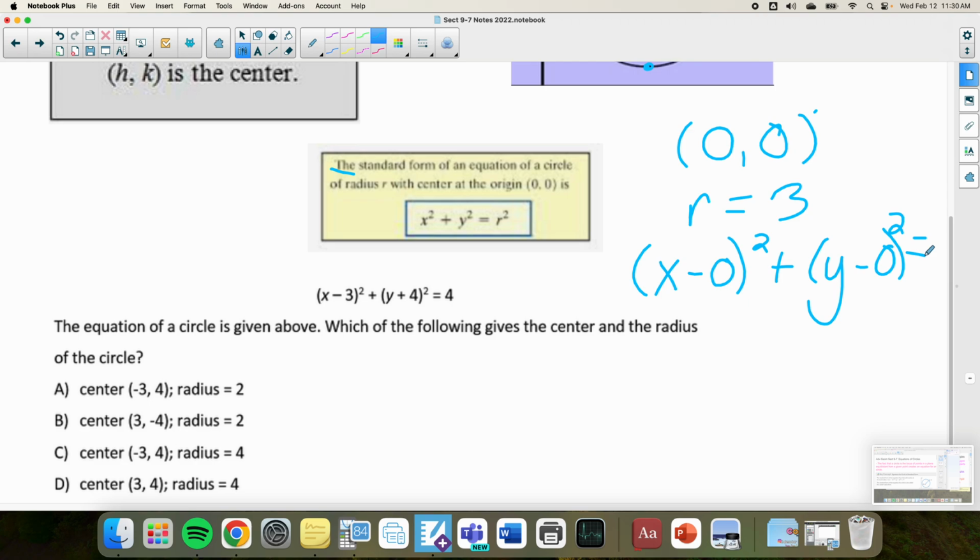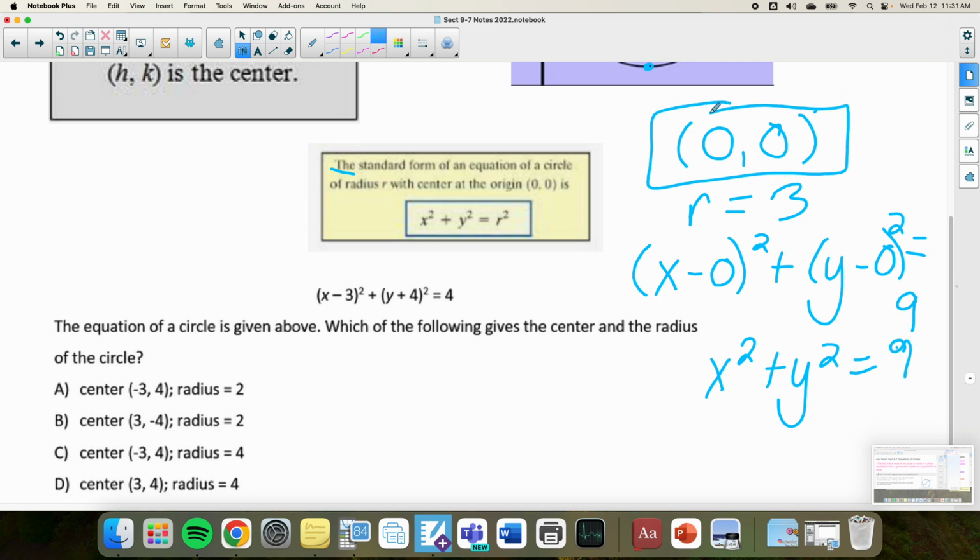You could if you wanted to, but you don't have to. And then you always take your radius squared, and 3 squared is 9. Now, if I was doing this, I would just say x squared plus y squared equals 9, if your center is 0, okay?